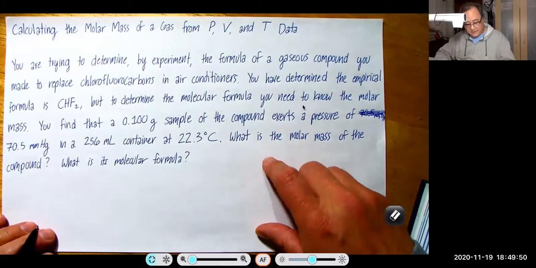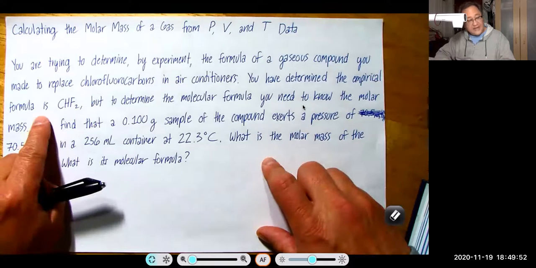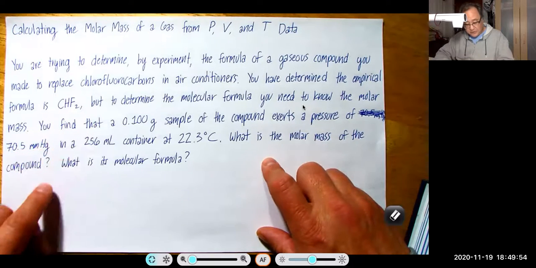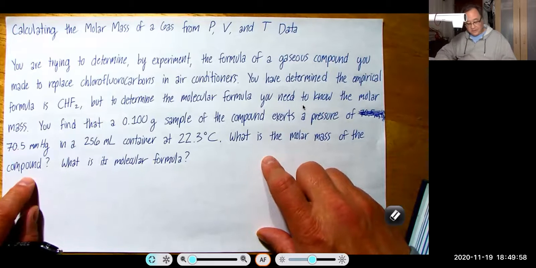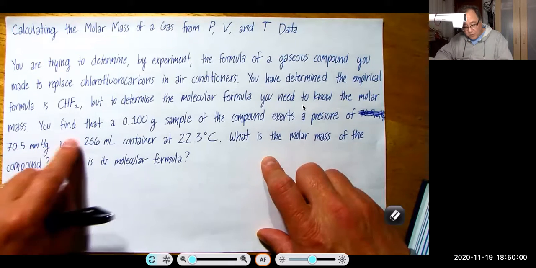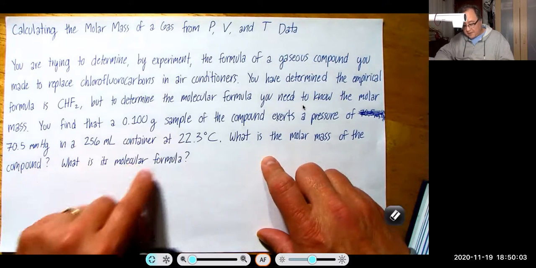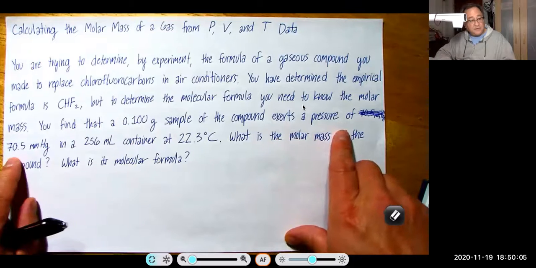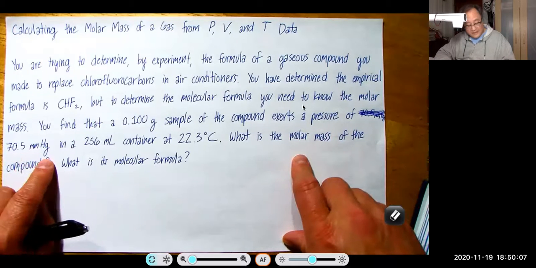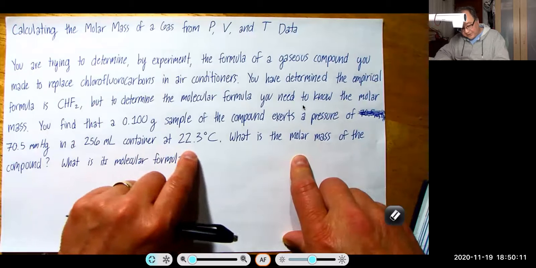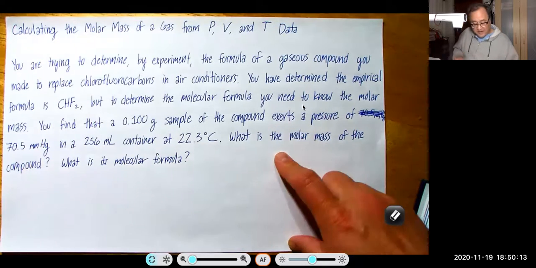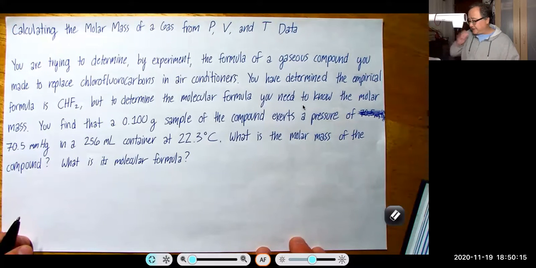You have determined the empirical formula is CHF2, but to determine the molecular formula, you need to know the molar mass. Okay. You find that a 0.100 gram sample of the compound exerts a pressure of 70.5 millimeters of mercury in a 256 milliliter container at 22.3 degrees Celsius. What is the molar mass of the compound and what is its molecular formula?